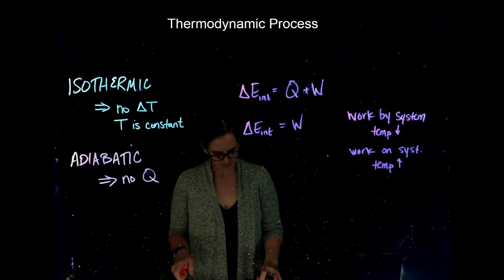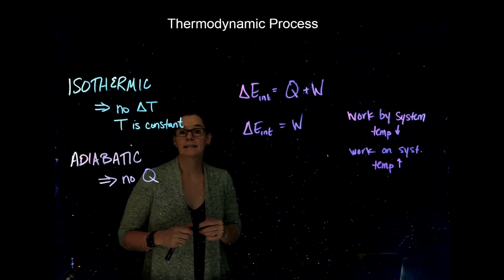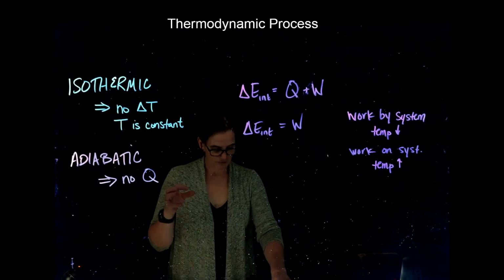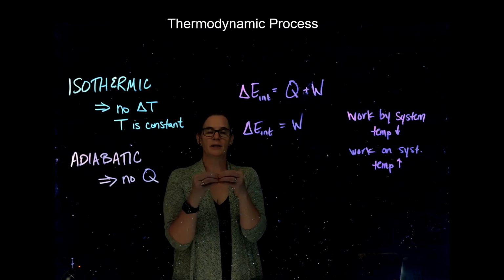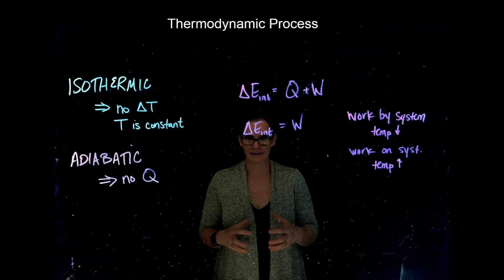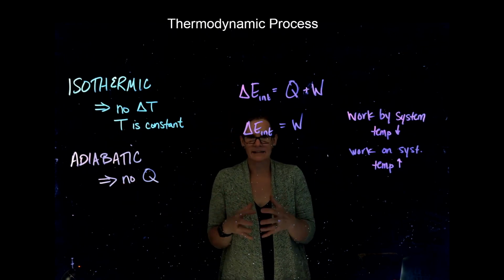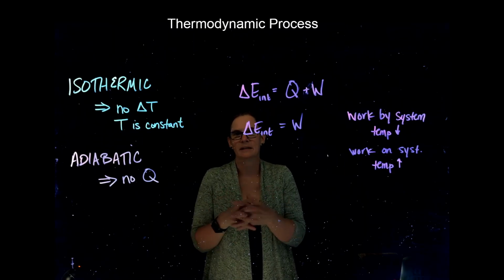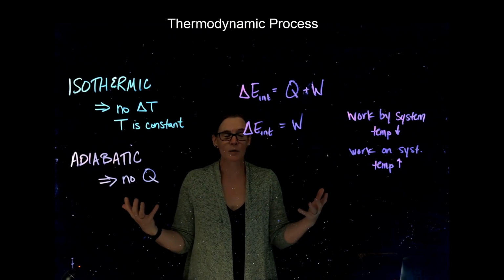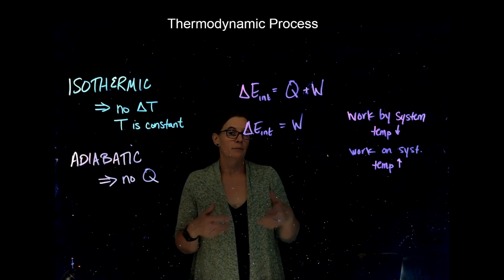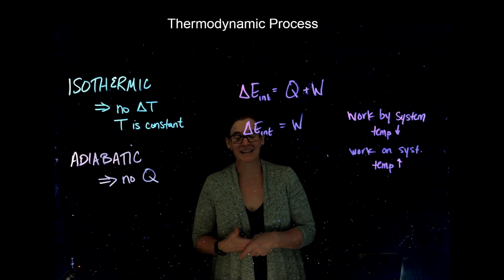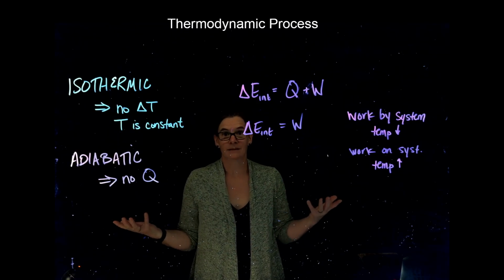So, for example, a diesel engine. I said that idea of a really fast combustion engine. If we take that mixture of fuel and air, and we rapidly compress it, so we do work on the system by rapidly compressing it faster than heat can flow, then the temperature goes up, and it goes up so fast that it causes ignition.